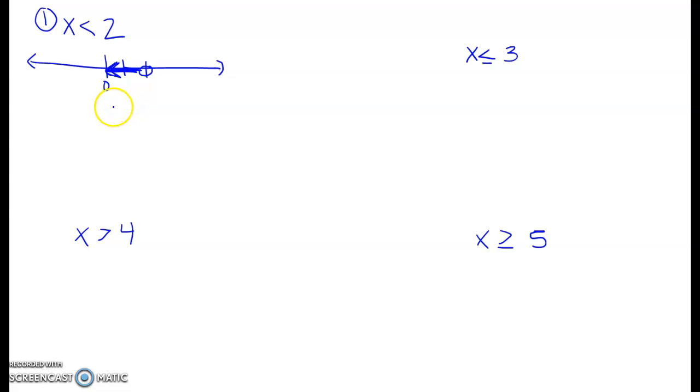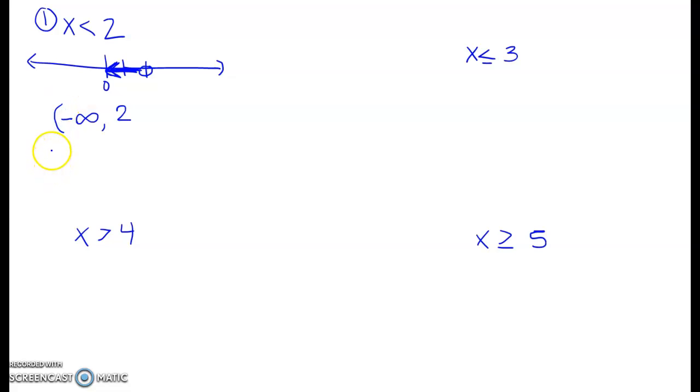Now when we write this in interval notation, we always write the smaller number first and the bigger number second. This is going down forever, and so that means it's going to negative infinity, and that will be the smaller number. It's going to come up to 2. Now, do we do a parenthesis or a bracket? Well, around infinity and negative infinity, you're always going to do a parenthesis.